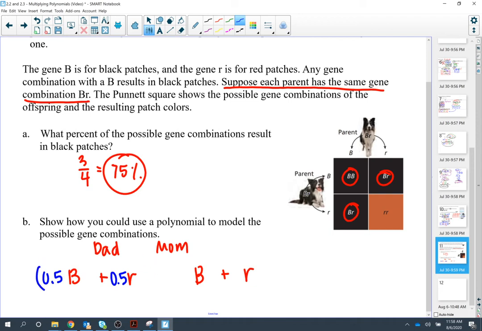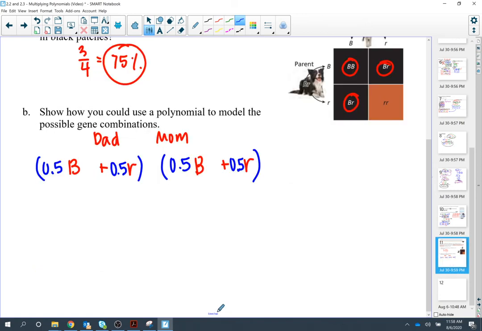Same thing with mom. 50% is going to be the B, and 50% is going to be the r. And we're going to use our decimals here. So that would be our initial polynomial breakdown.